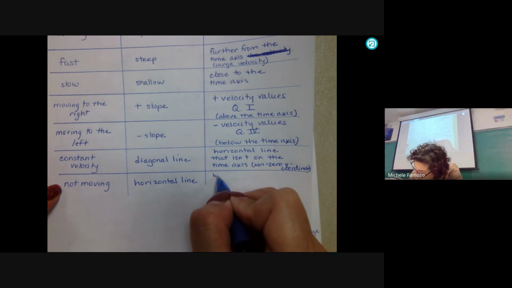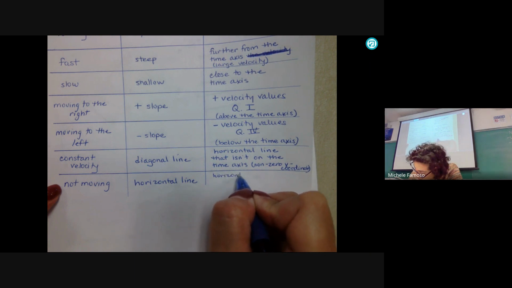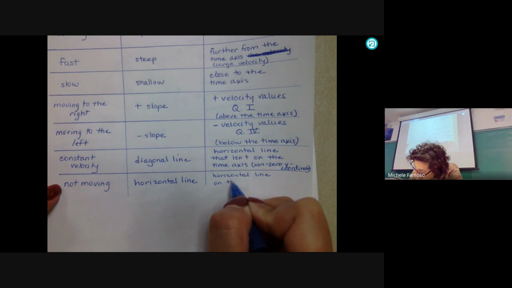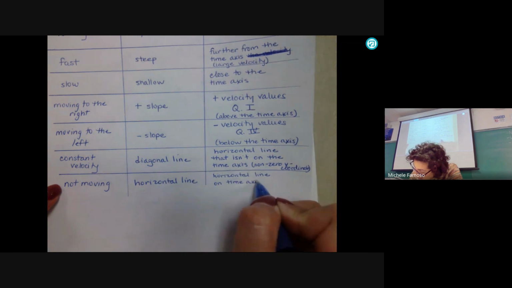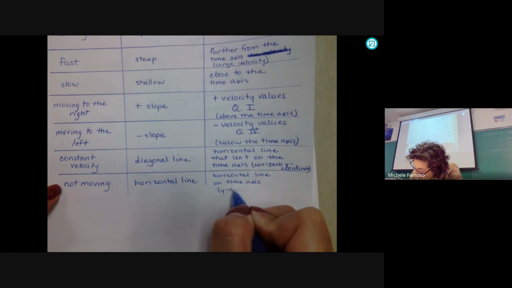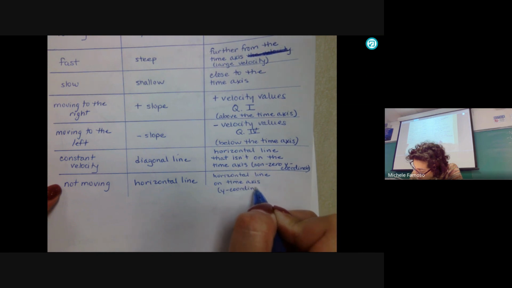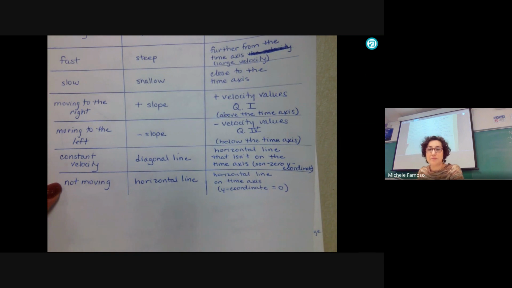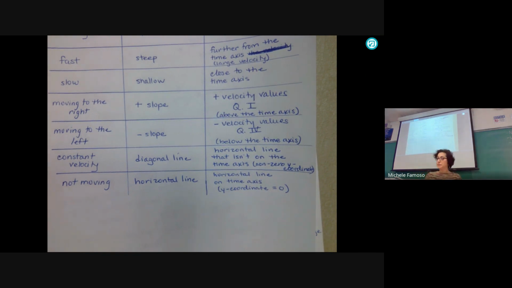Yeah, so it's a horizontal line on the time axis, or where the y coordinate equals 0. That's what you're looking for. Okay? That's a summary of what we learned yesterday and the previous week.